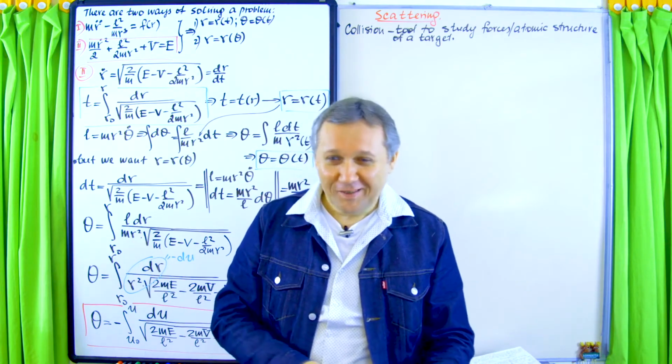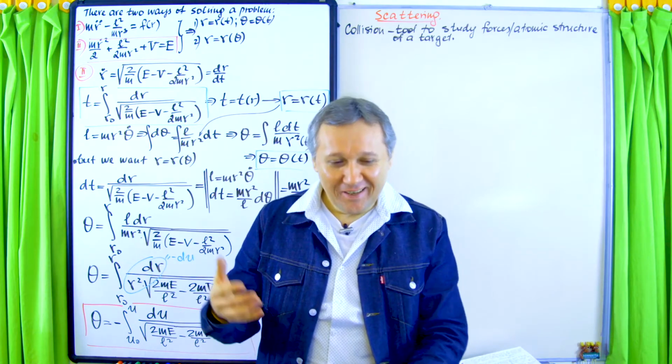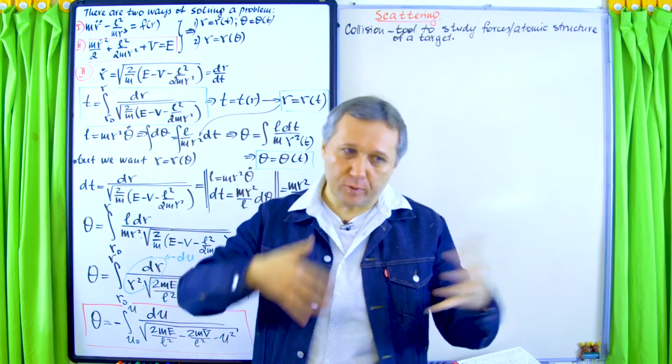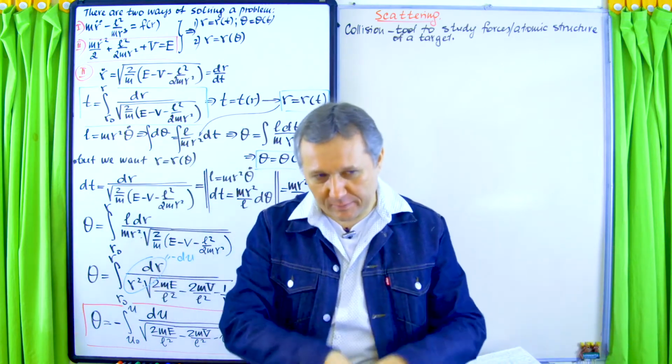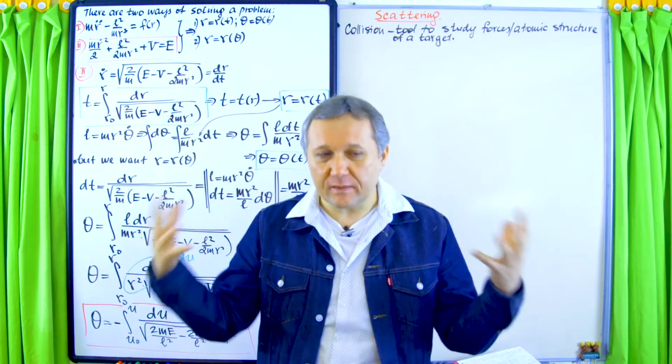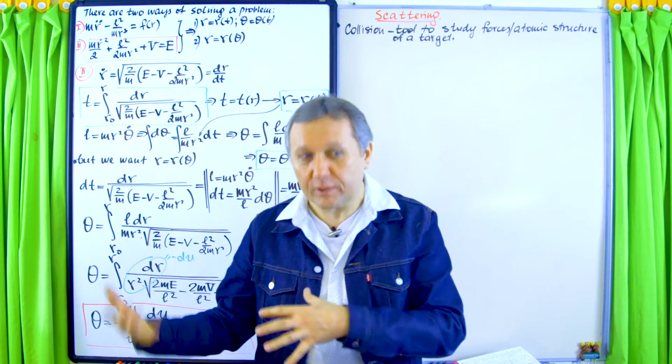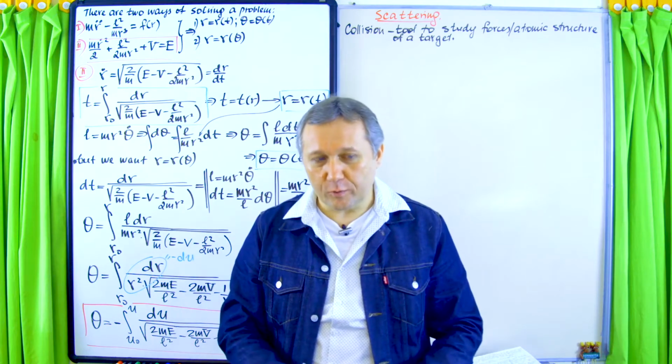True, right? But the thing is, there are some scattering problems on the macroscopic level, and there are some, of course, microscopic. The ideas are very similar. So some ideas which we are going to introduce now can be used, and are used, in the world of quantum mechanics.